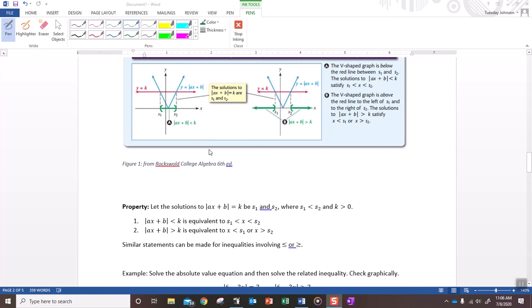This is showing that the absolute value, the blue portion of the graph, is less than k, below the line of k, between the values, so x is between, whereas the absolute value is greater than k, higher than the k, outside of the solutions. That's exactly what the property is telling us. Similar statements can be made for greater than or equal to, and less than or equal to.